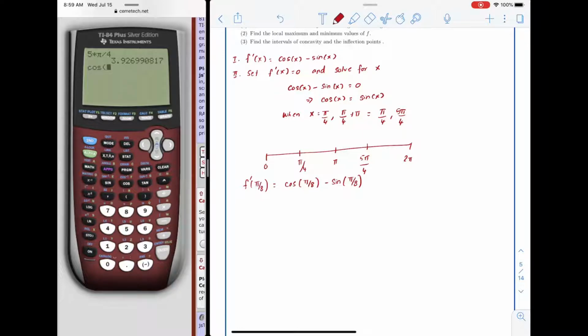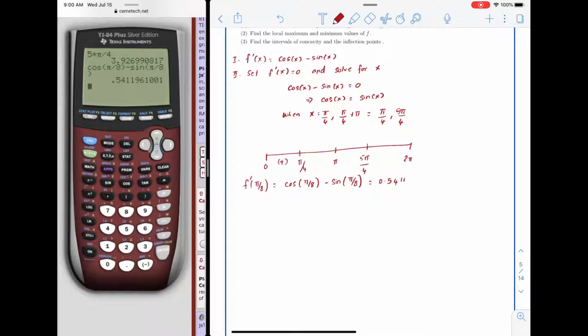So cosine pi over 8 minus sine pi over 8. That gives me 0.5411, which is a positive number. So it's positive between 0 and pi over 4.